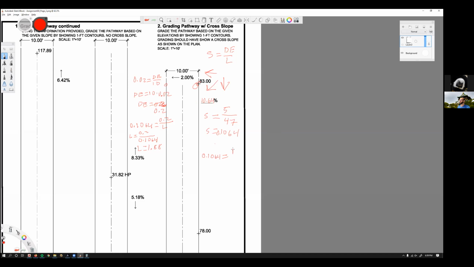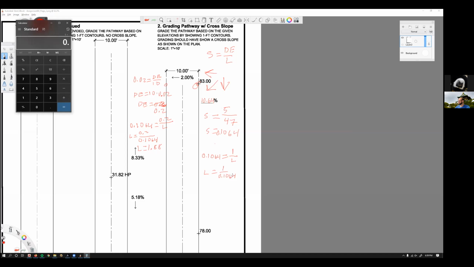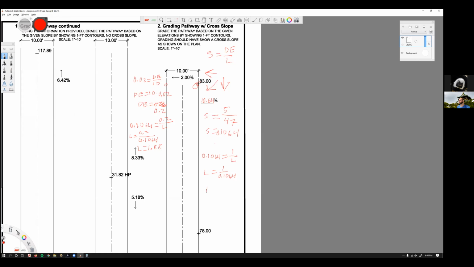So we have 1 for DE, and we're looking for that L. The L and the slope switch places. L equals 1 over 0.1064. Do our calculator. 1 divided by 0.1064, 9.4 feet. So 9 feet you're going to measure.